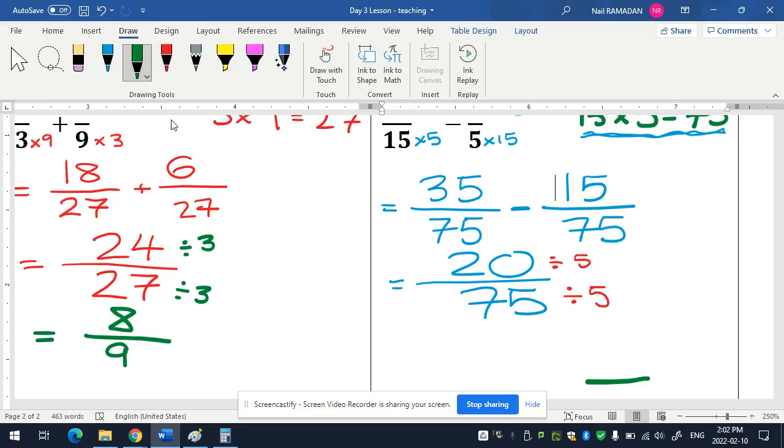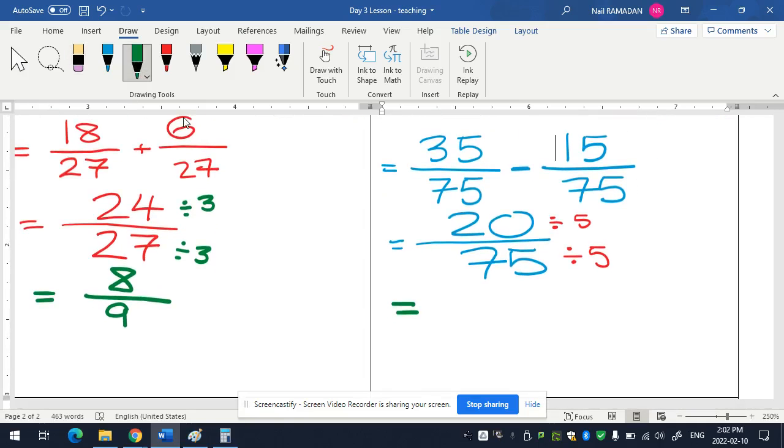So that will equal, how much is 20 divided by 5? That is a solid 4. And 75 divided by 5 is, and I guarantee you, that's what the website is going to give you as well.